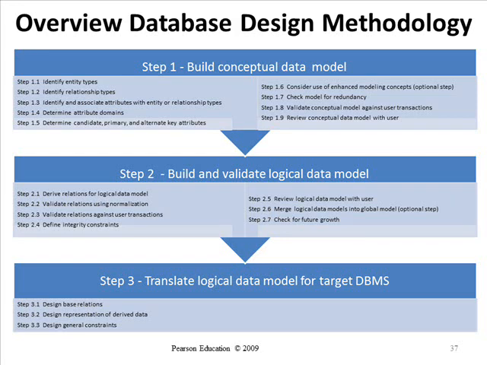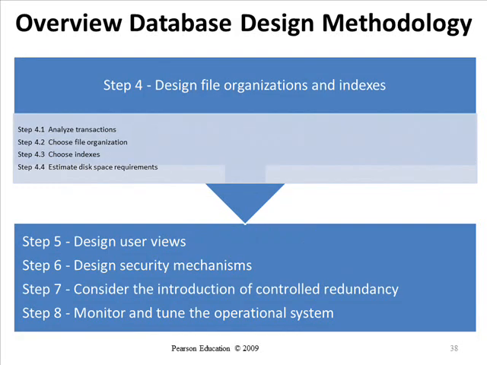Step 1 we consider is conceptual, step 2 is logical, and step 3 is the translation of the logical data model for the target DBMS, and step 4 and the rest are regarding the physical implementation. This one we will discuss later.